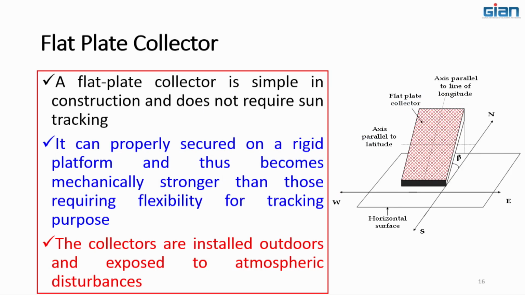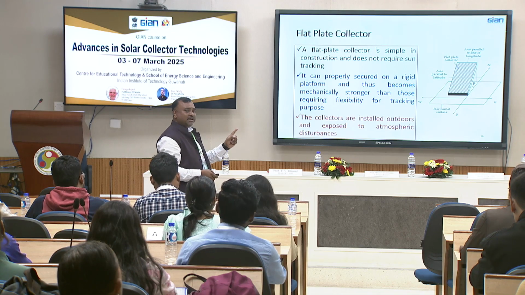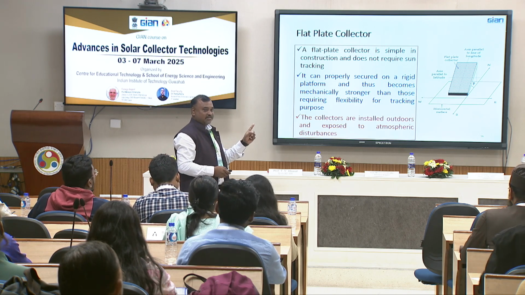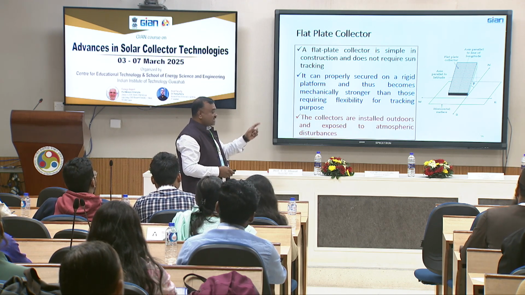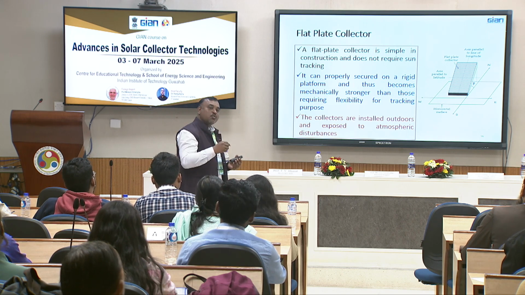Now, if we talk about the flat plate collector, which is a very simple device, it does not require any sun tracking, and it cannot do so because it is very heavy, and you cannot use this collector to track. So, we fix this beta, which is very important. Beta is the tilt angle. So, what tilt angle are we going to fix?